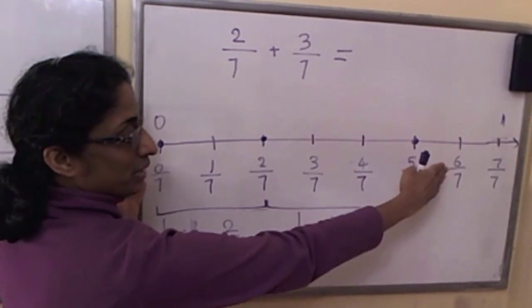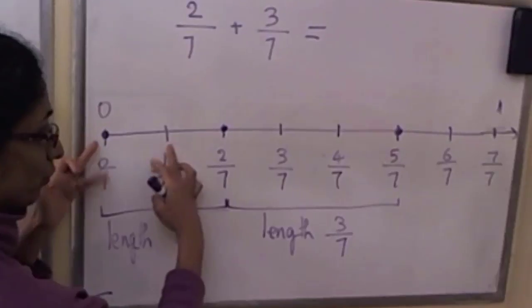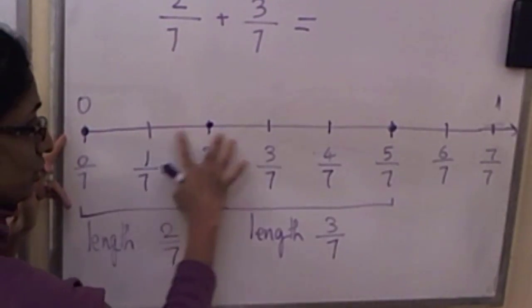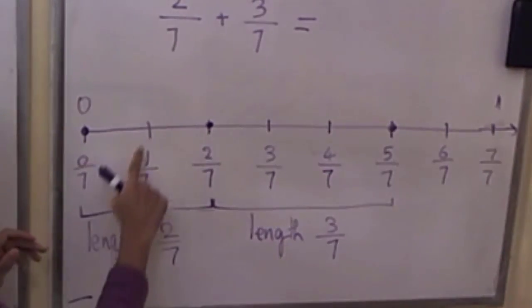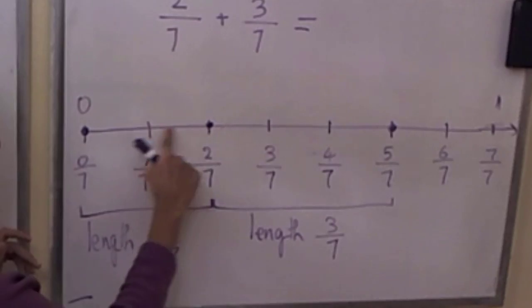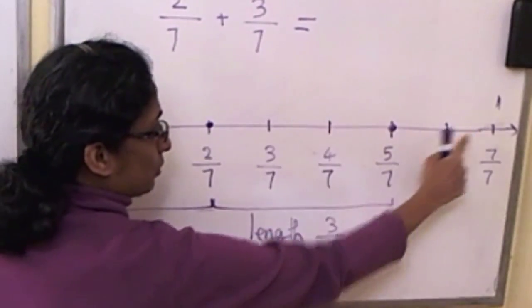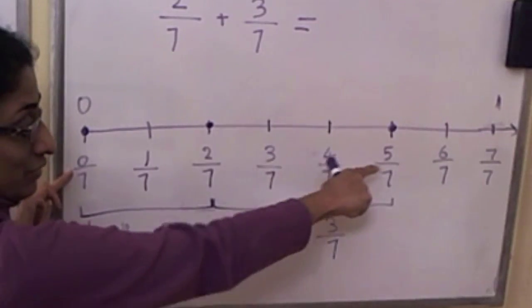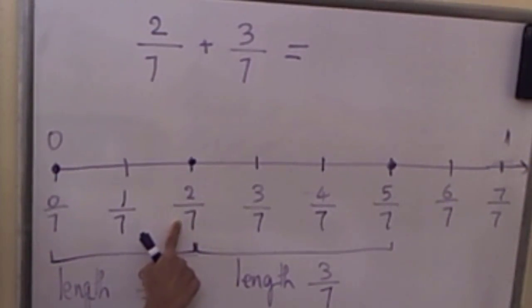So here's the number line, and here's the unit segment, 0 to 1. The unit segment is cut up into 1, 2, 3, 4, 5, 6, 7 pieces. And when we do so, each of these points is a fraction, and you know how to label those fractions. That's exactly what I've done here. So this point is 2 over 7.